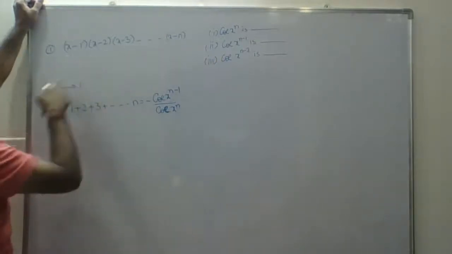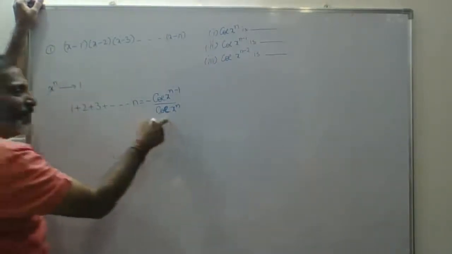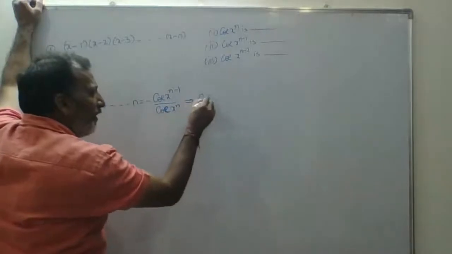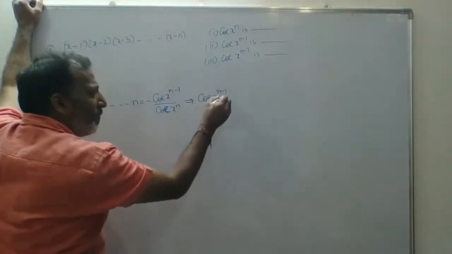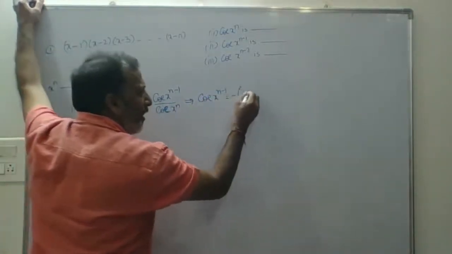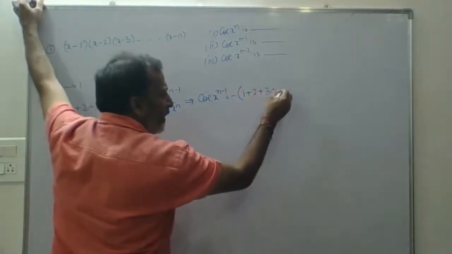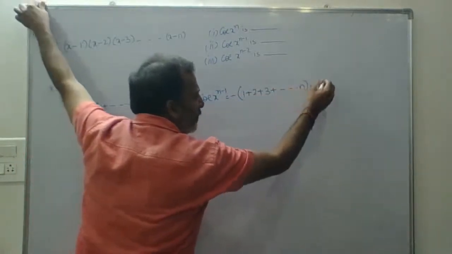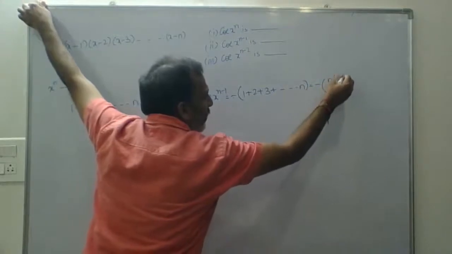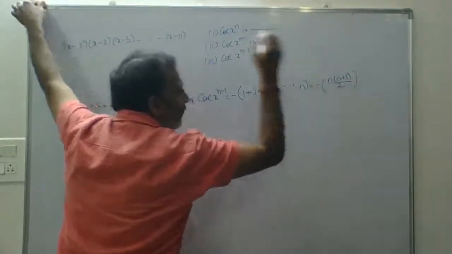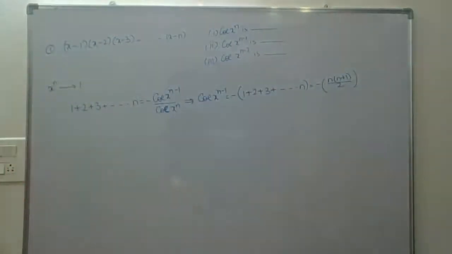But in this product, coefficient of x power n is 1. That implies coefficient of x power n minus 1 is equal to minus (1 plus 2 plus 3 plus so on up to n). That is minus n into n plus 1 by 2.